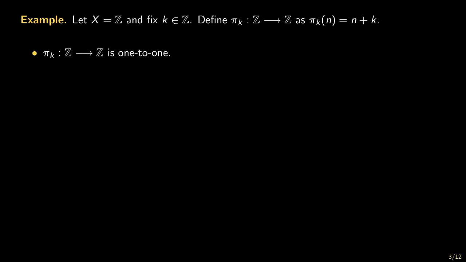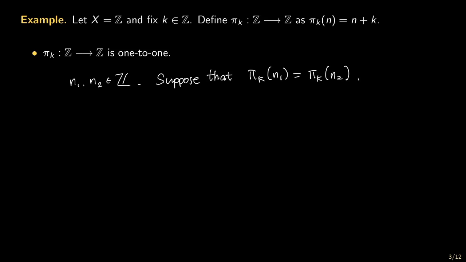We can check that pi k is one-to-one. For example, if you have two integers n1 and n2, suppose that pi k of n1 equals pi k of n2. Then what do we need to prove?